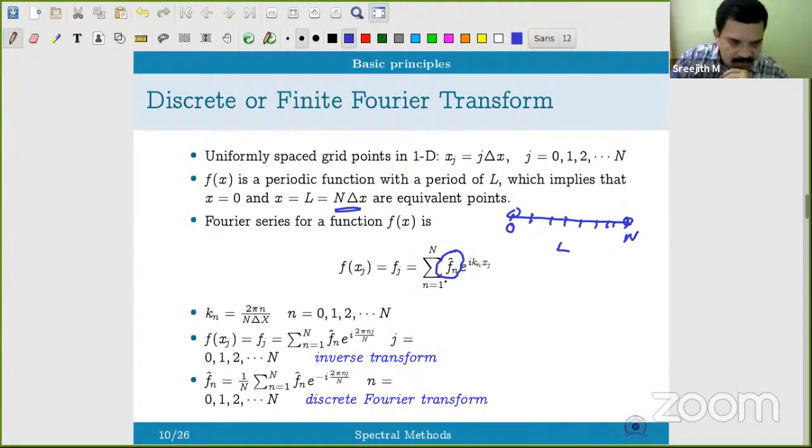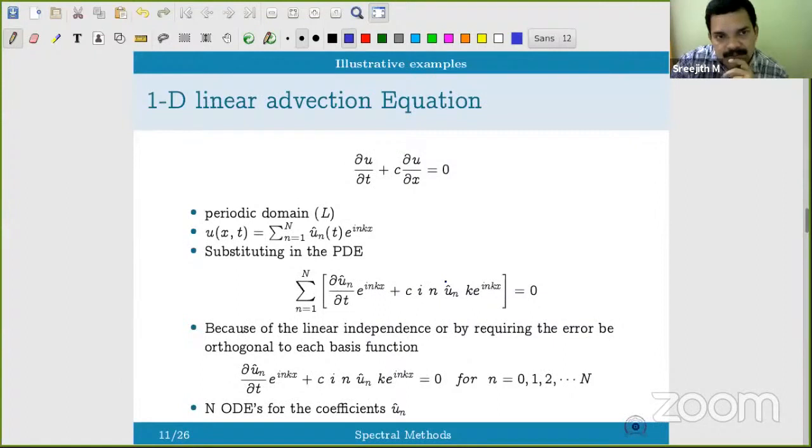Next slide. So we have the general theory. Now we explain how to solve these simple equations using this spectral collocation method.